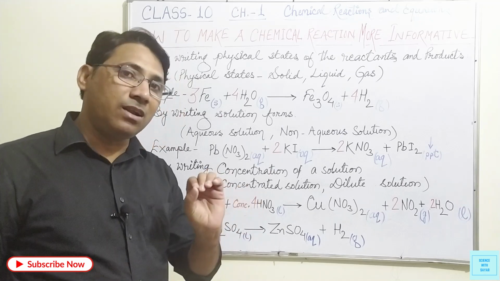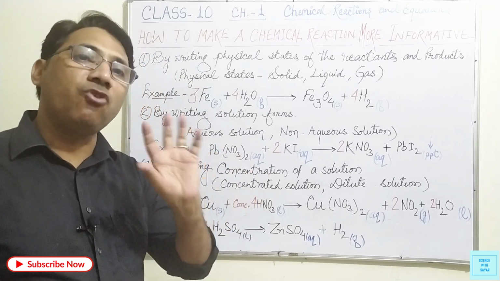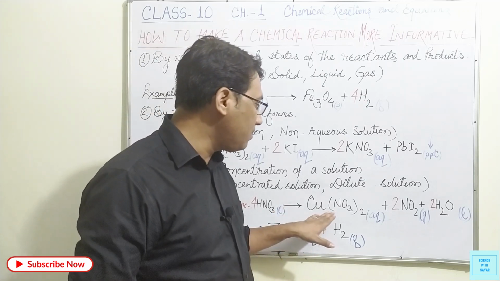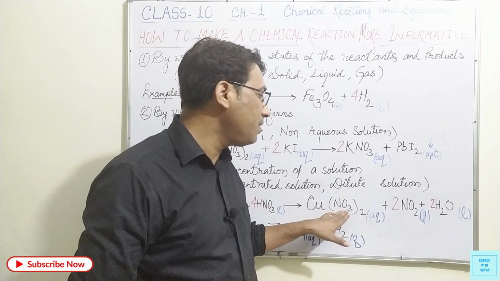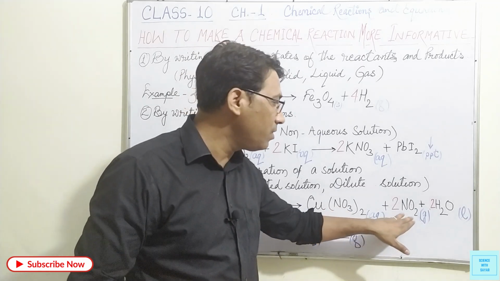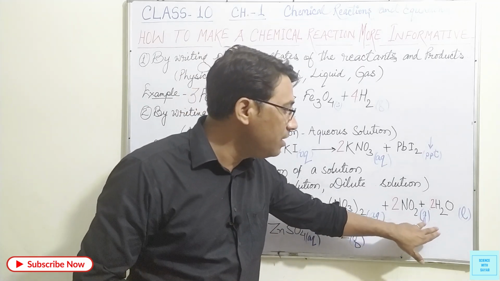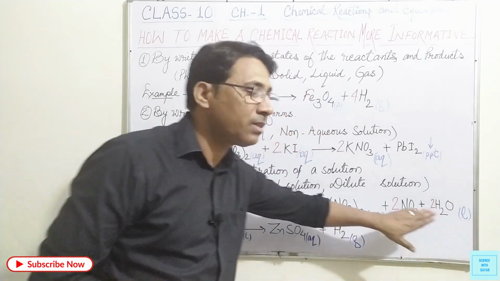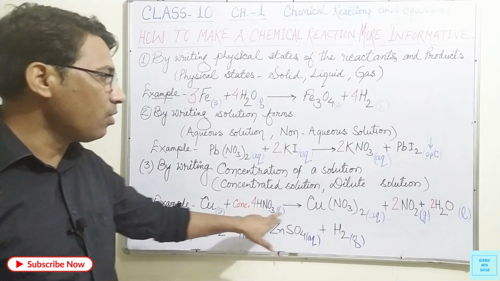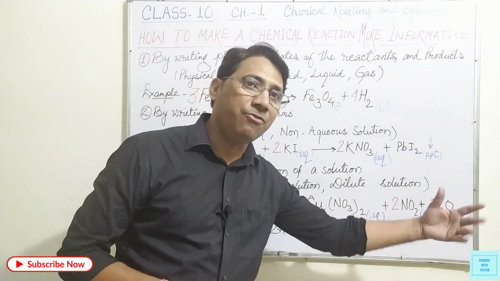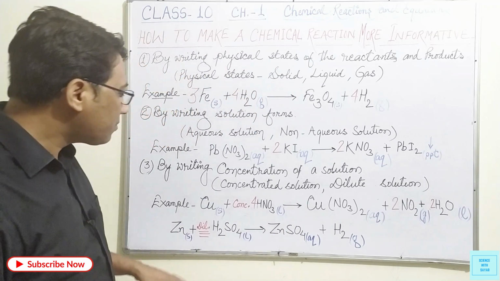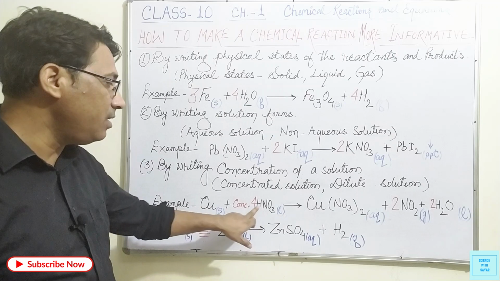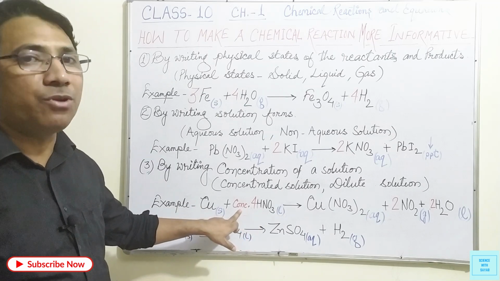It means water's quantity is not so much in the solution, and the substances found as the products are copper nitrate, in aqueous solution form, nitrogen dioxide, gaseous form, and water, liquid form. And by writing these 4, 2, 2 as coefficients, we make it balanced. So concentrated means this liquid is a concentrated solution.